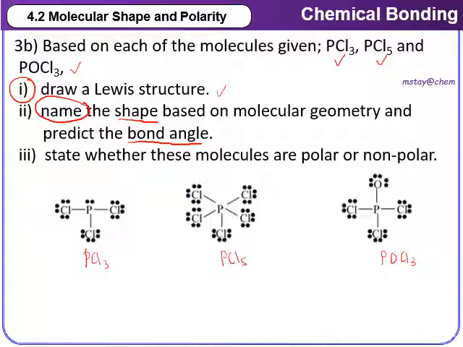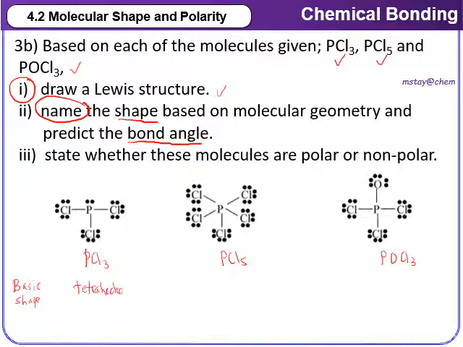Okay. Again, before we can determine the shape, we have to know the basic shape. The basic shape for PCl3 has 4 electron domains, so it is tetrahedral.